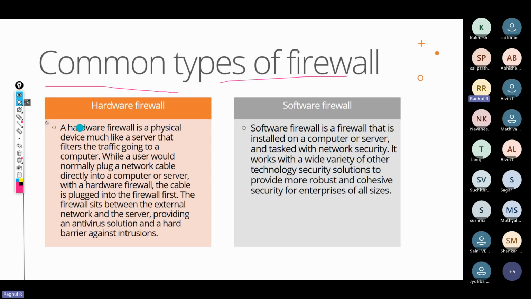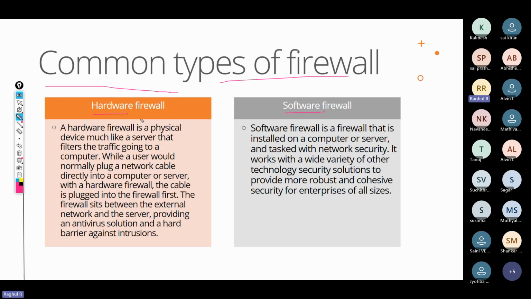Okay, we have a lot of differences between hardware and software firewalls. First, performance: a hardware firewall can perform better than a software firewall because it has its own RAM, own CPU, own processor, everything its own. But a software firewall depends on other hardware.